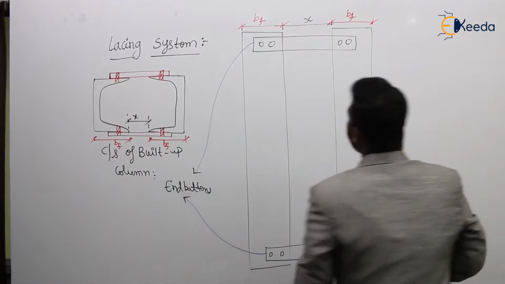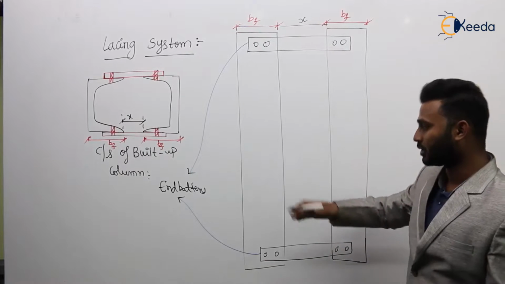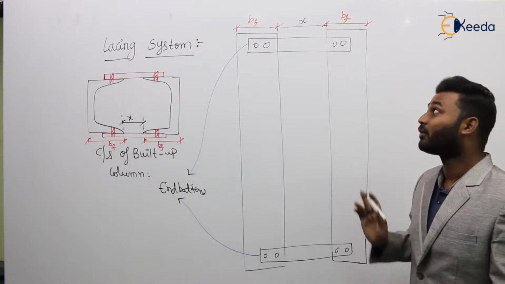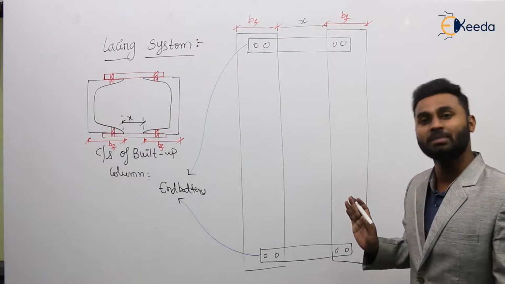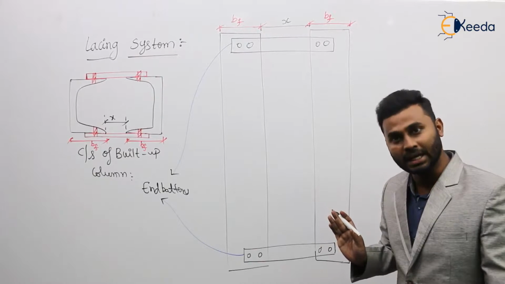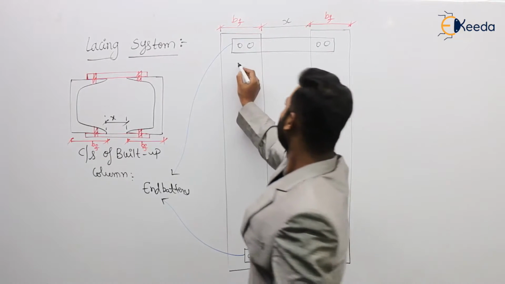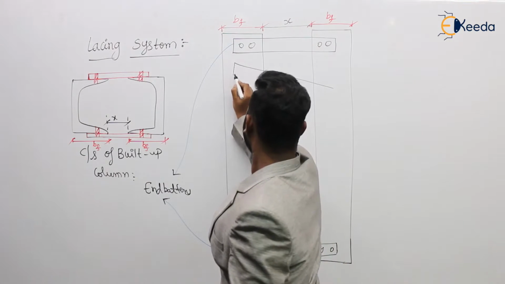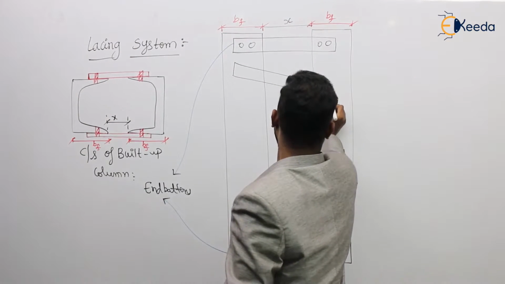After providing the end patterns at top and bottom, as the name itself says, end patterns are provided at the ends. Now after providing this, we are going to provide our lacing members inclined like this. So this is one lacing member.